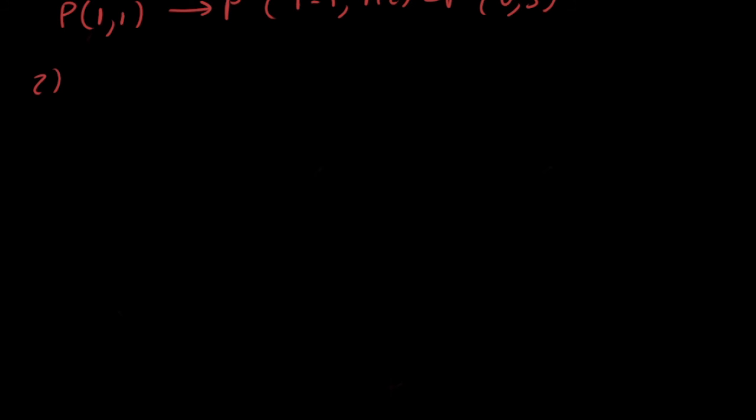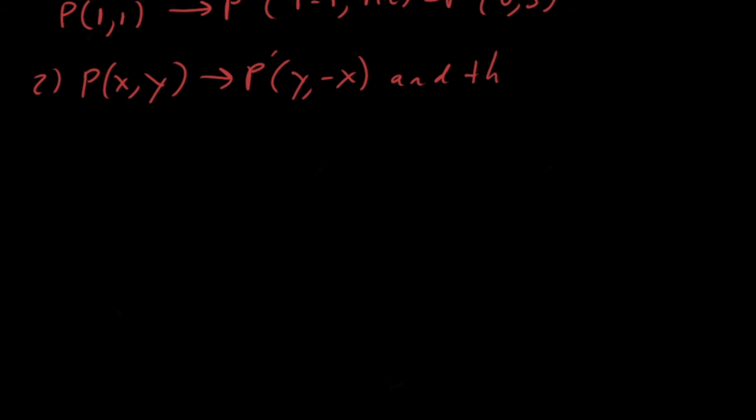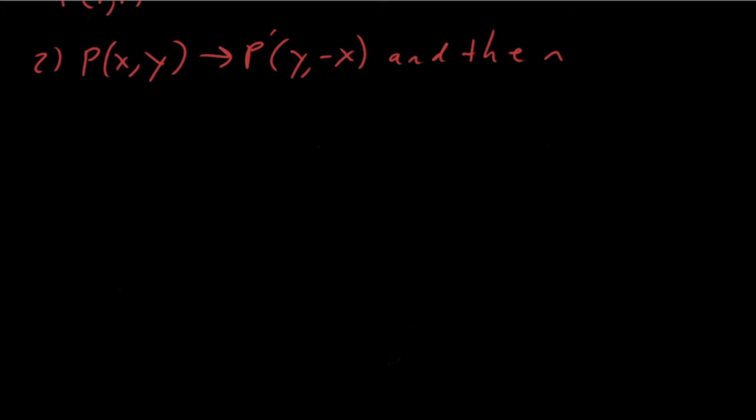All right, let's do one more. So number 2, P of x, y goes to P prime y, negative x, and then Q prime x, y to Q double prime x plus 3, y minus 6.